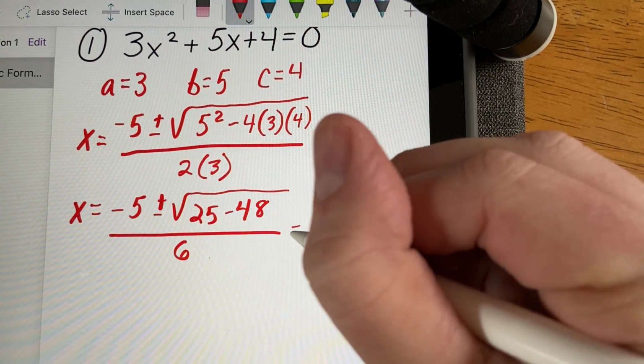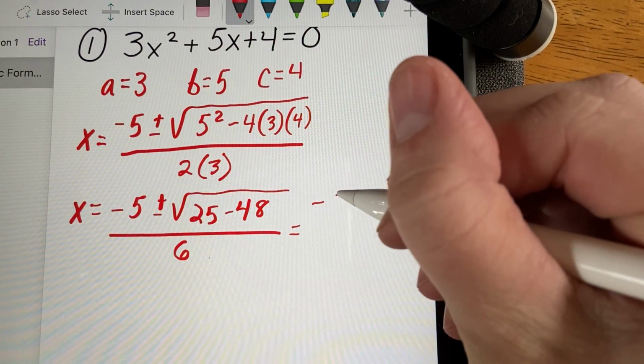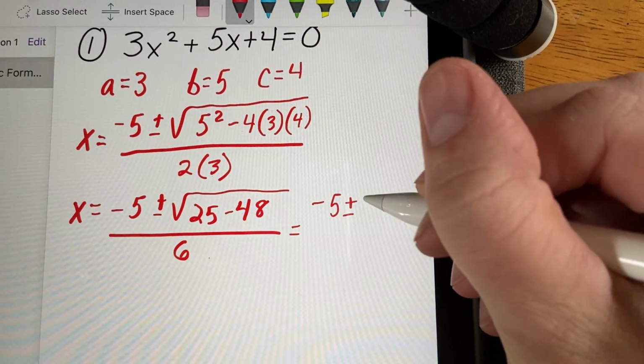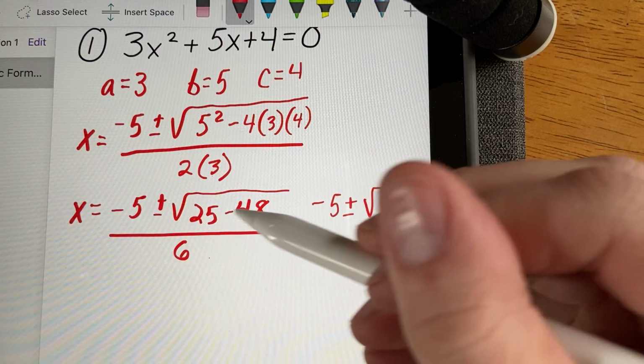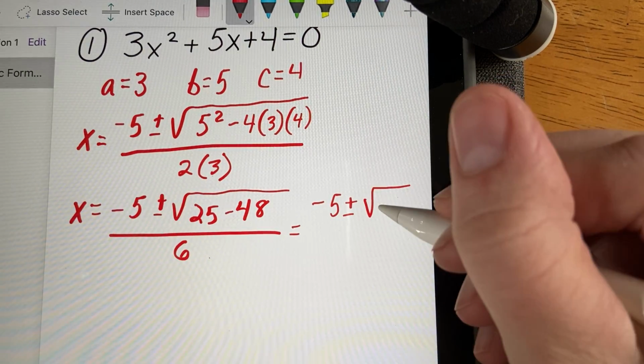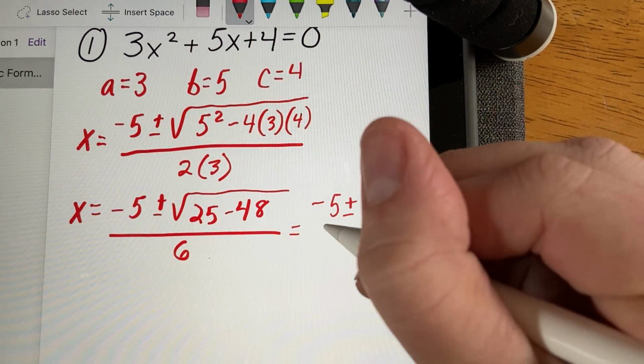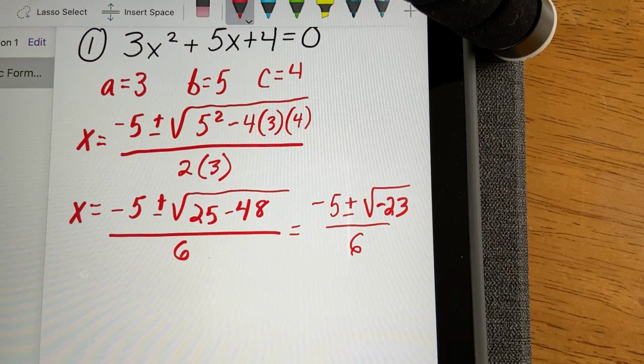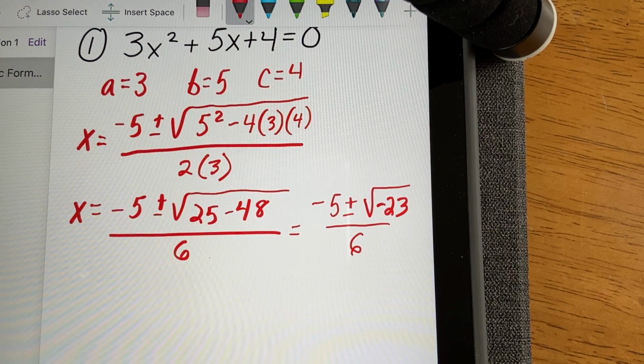Okay, so I'm going to just write it off to the side here. Negative 5 plus or minus the square root of, and then 25 minus 48 is negative 23. And that's over 6. Okay, so there's not a whole lot that we can do with the square root of negative 23, but the one thing that I can do is I can take out that negative.